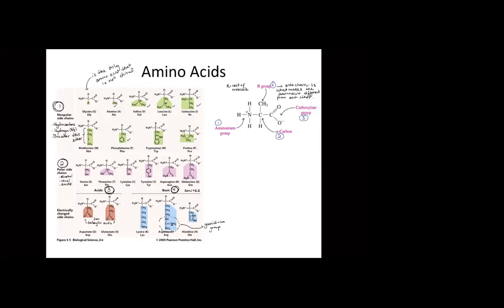Let me see, there was a question. So glycine is the one that has the hydrogen side chain. I'll go back into the slides. I just wanted to make sure.